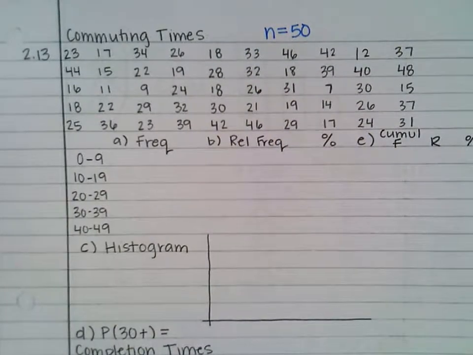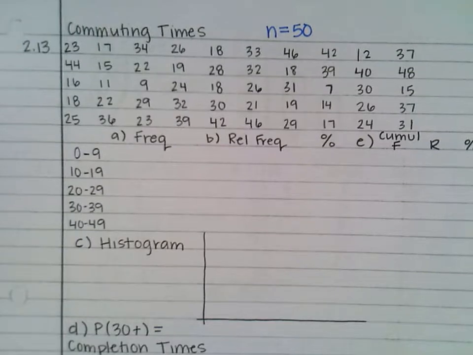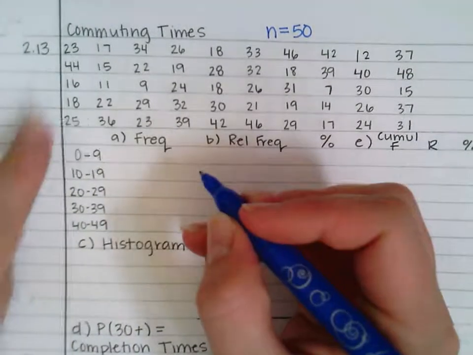Okay, now for my frequency here, I'm actually going to do a tally because I think that's going to be easier, and then I'll write the frequency off to the side.